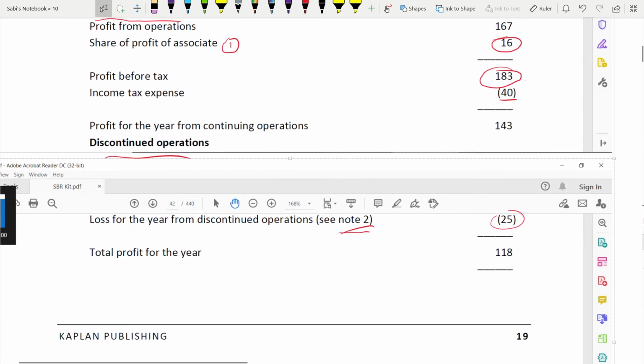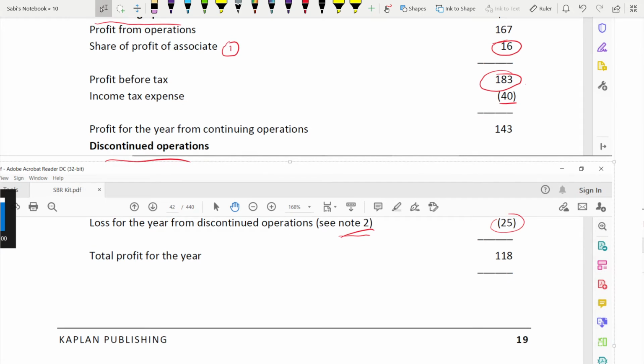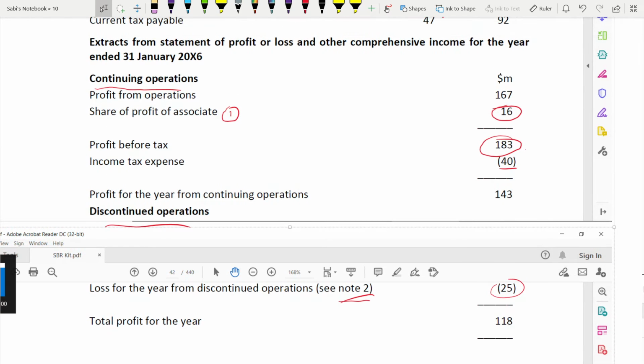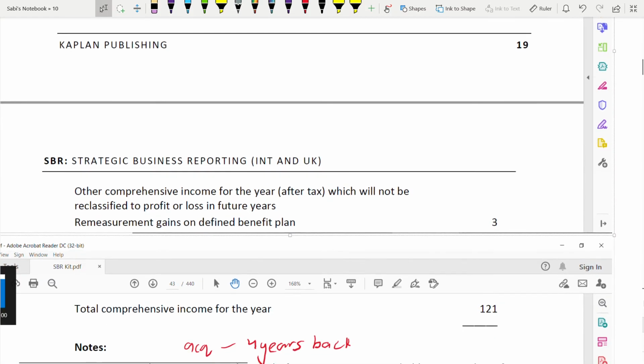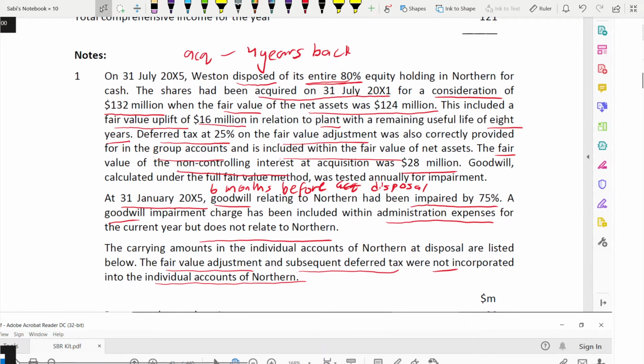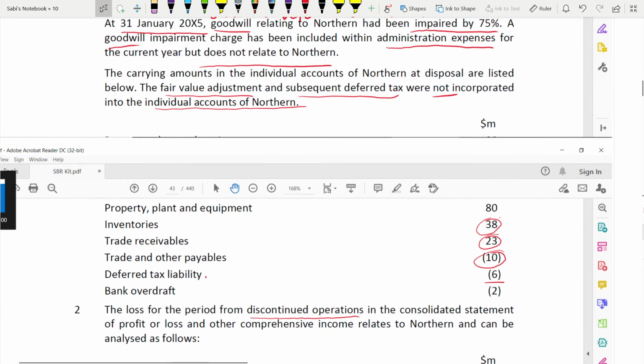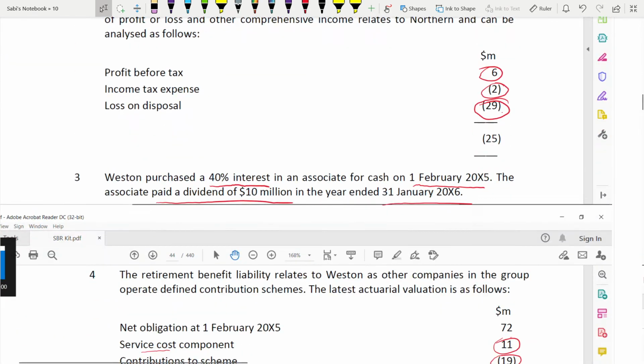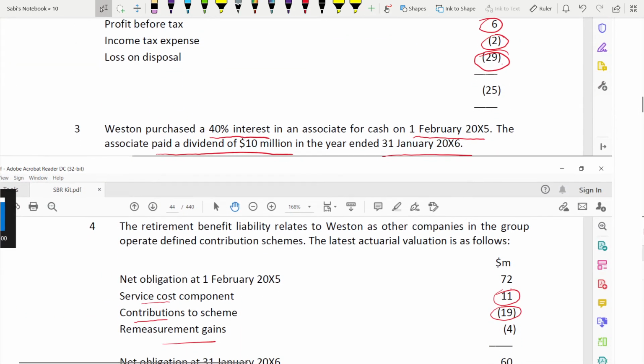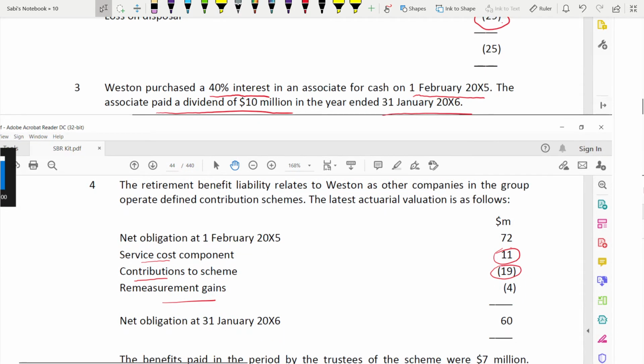I guess it was 25% on 4. You see, the remeasurement gain is given in point number 4.